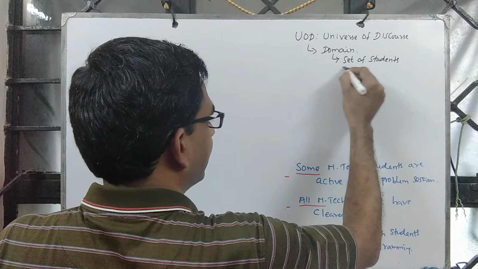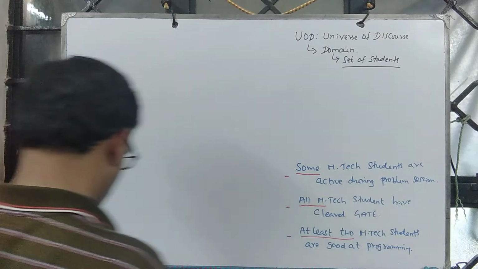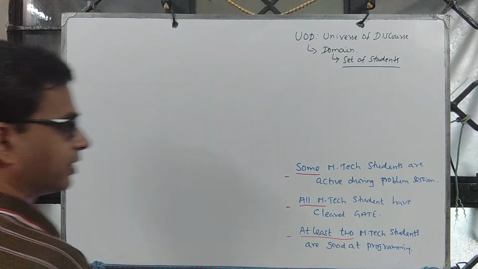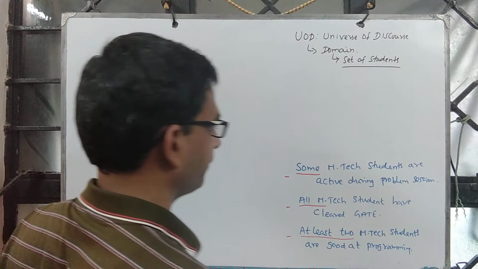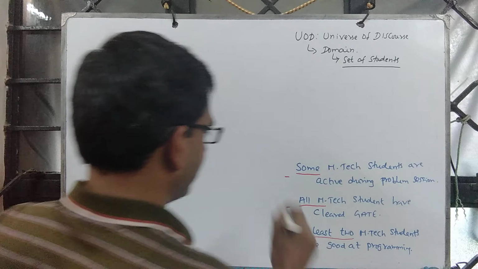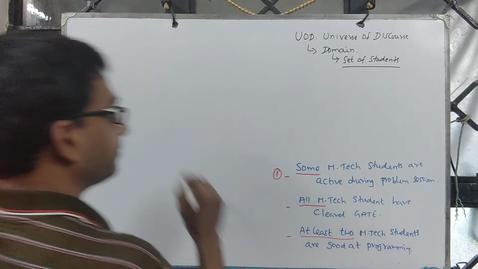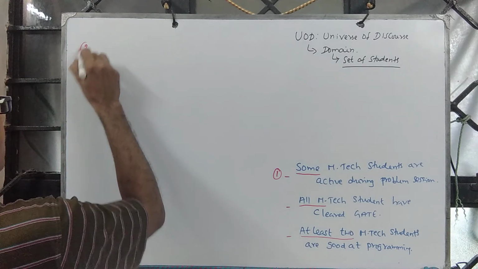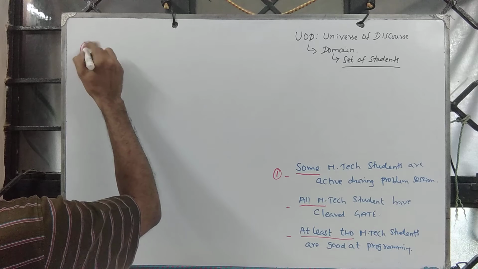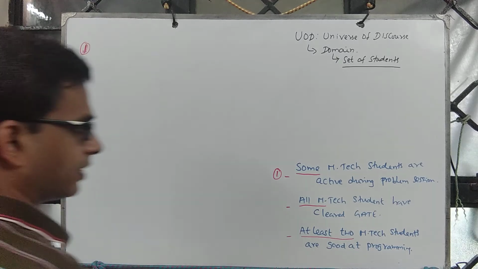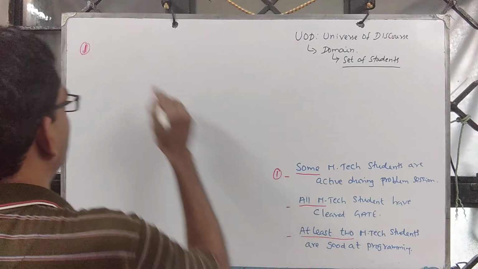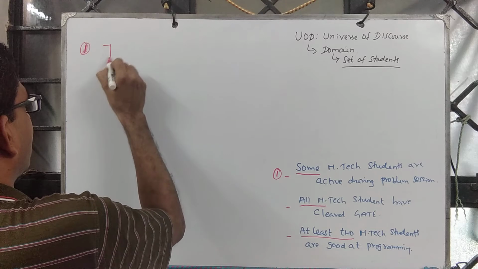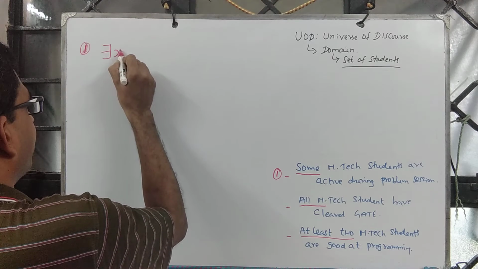So to describe any case study, domain is important. Let's assume it is set of students. Then how do we write the first one? So the first one says some MTech students, it is there exists X.